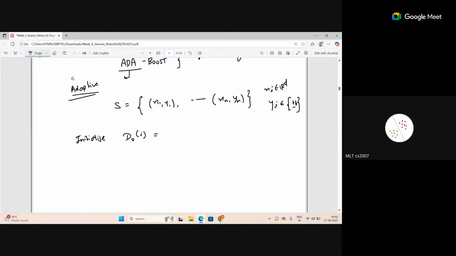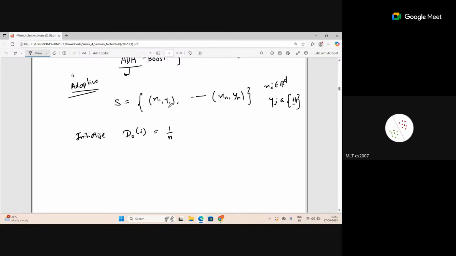It's a weight, right? We are saying that each of the data points will have the same weight, or each of these decision stumps will have the same weights.